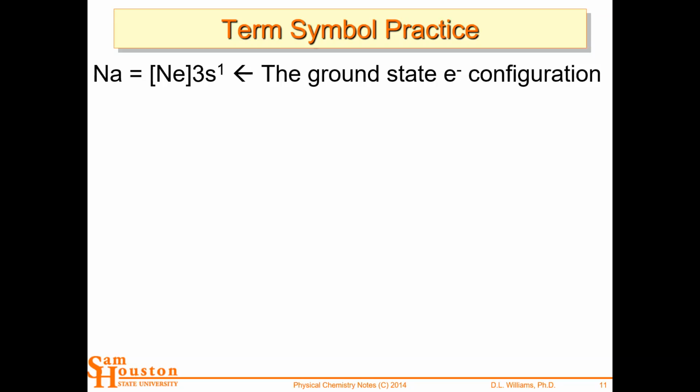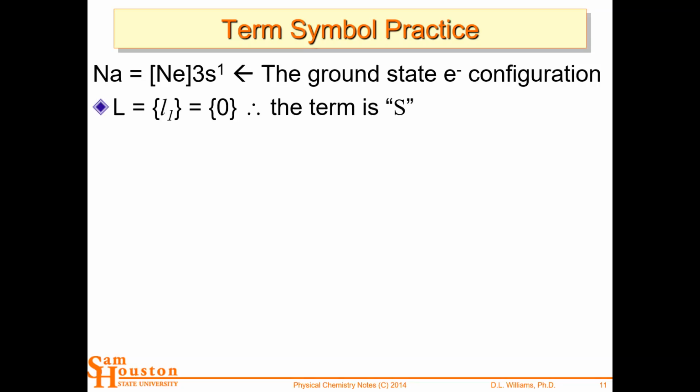So for sodium, we have the neon core, electron configuration of neon, plus 1 more electron, a 3s electron. And so that little l is 0. And so the capital L for the sodium atom is also 0, which gives you this term of a capital S. So in this case, we're talking about a term. The term is S, it's capital S.